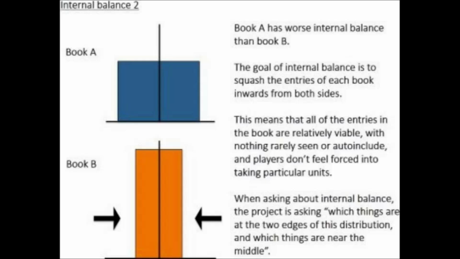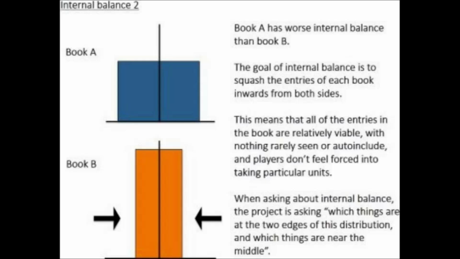So in book A, the least price efficient entry is far less price efficient than in book B, and the most price efficient entry is far more efficient, whereas in book B the difference in effectiveness is much smaller. And the goal is to bring those entries more together to reduce the gap in effectiveness.